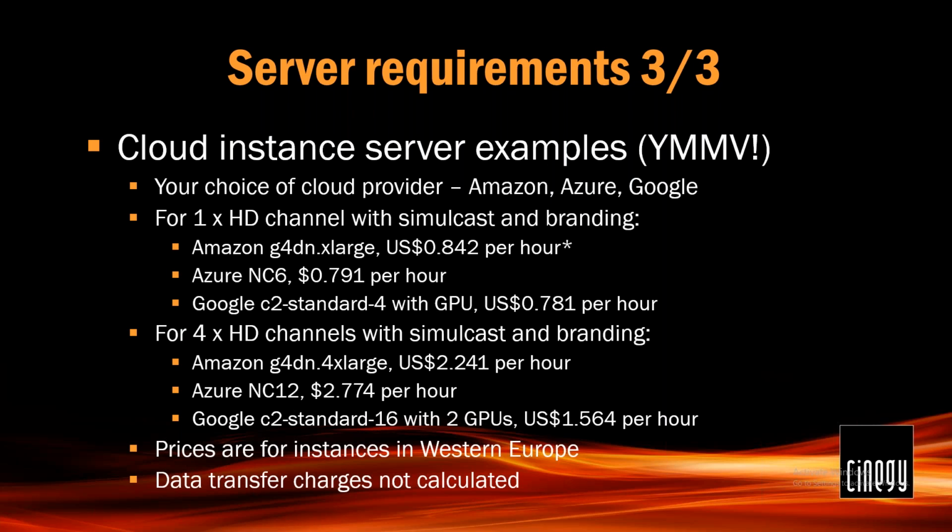Again, your mileage may vary. I am not a cloud expert, so it could well be that I got it wrong. But whichever way you slice it, you are looking at less than $1 American per channel for the computer time to run a single channel, and certainly less than $3 American for 4 channels.